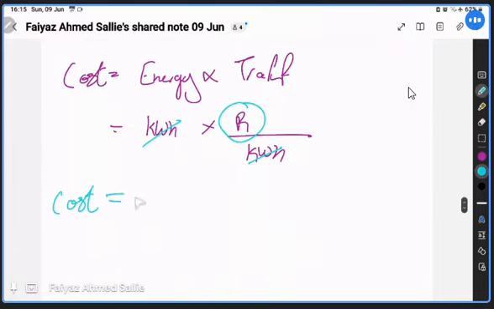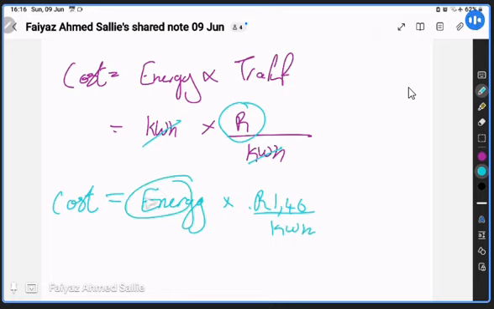So we want the cost, right? So we need to find energy, and the tariff is, I think it's 1,46 per kilowatt hours. So let's calculate the energy.